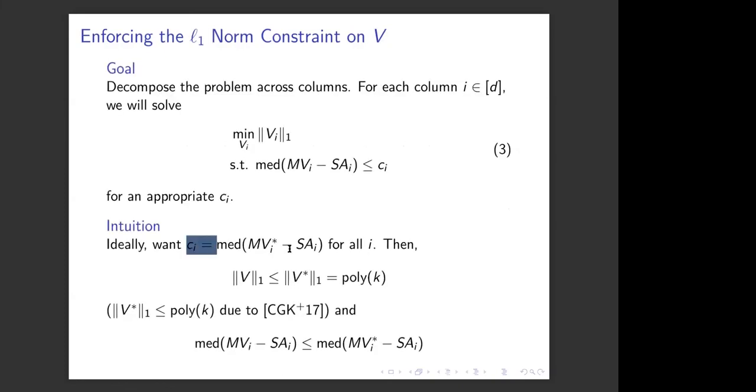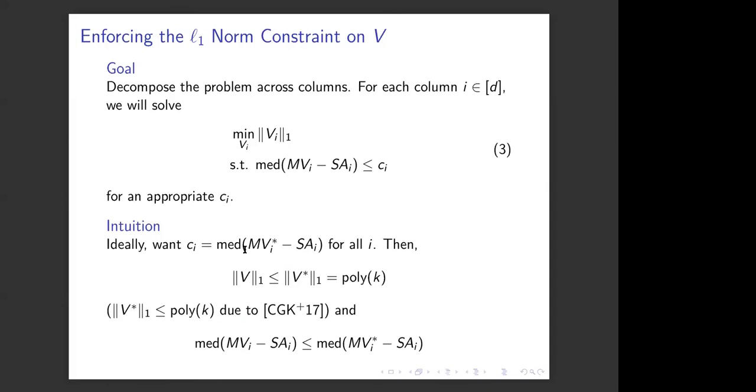Ideally, we want the cost bound to be equal to the median-based cost which we incur when V star is the optimal right factor. One technical observation we can make is that the norm of the optimal right factor is poly k, and this is due to the existence of well-conditioned bases, which is shown in previous work. So we can assume without loss of generality that the L1 norm of the optimal right factor is at most poly k.